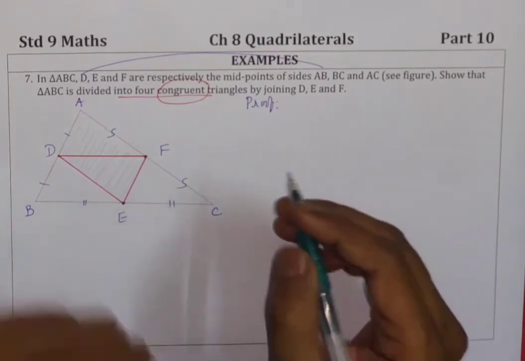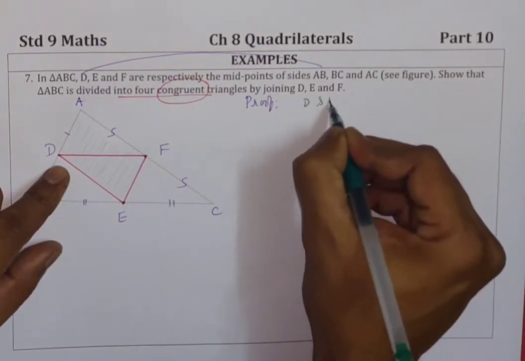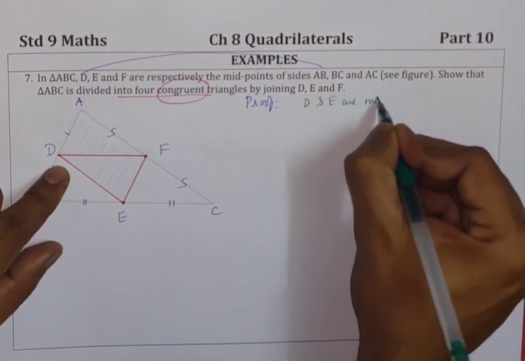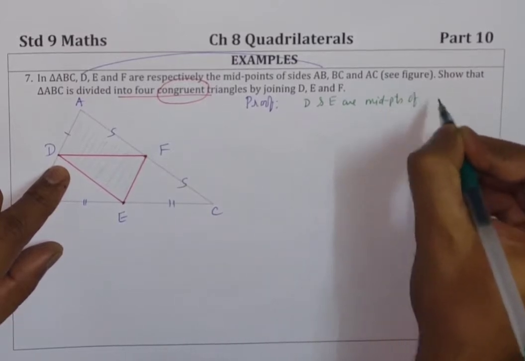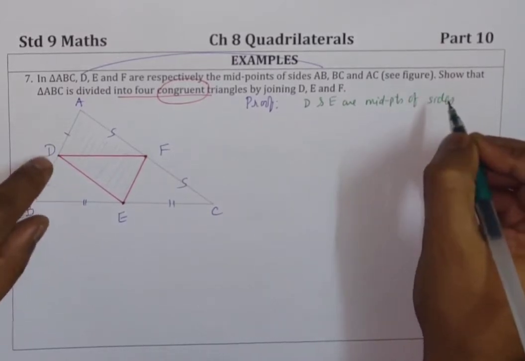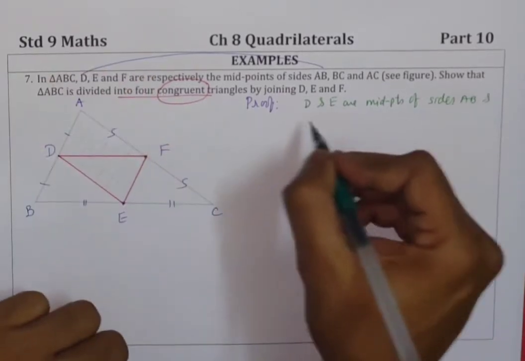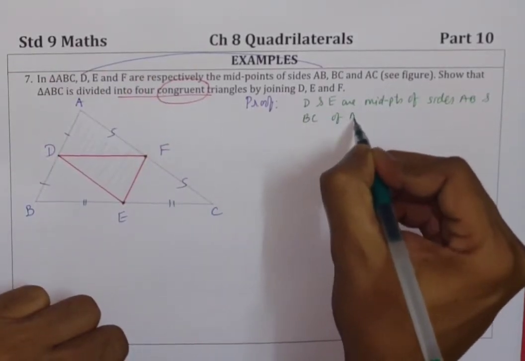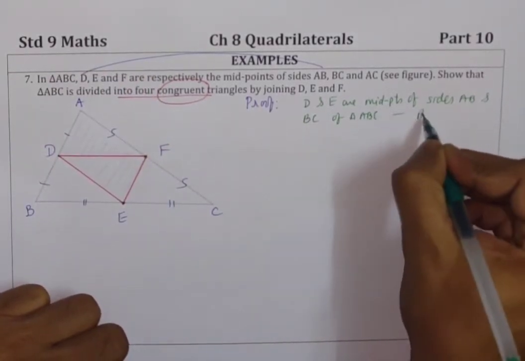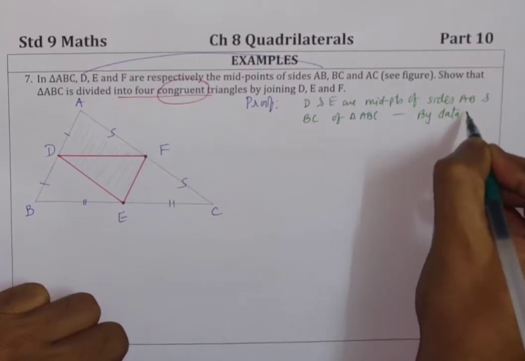So I'm writing that D and E are midpoints of sides. D is midpoint of AB and E is midpoint of BC of triangle ABC. Where did we get that? By data.